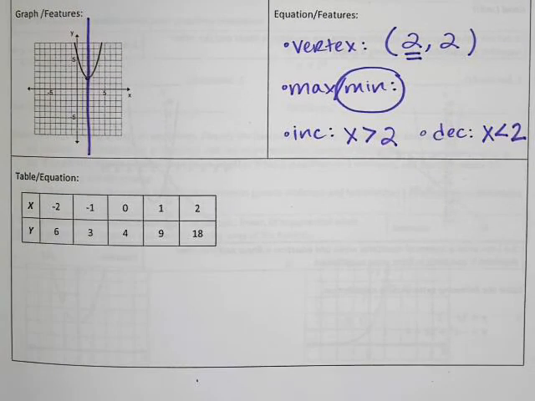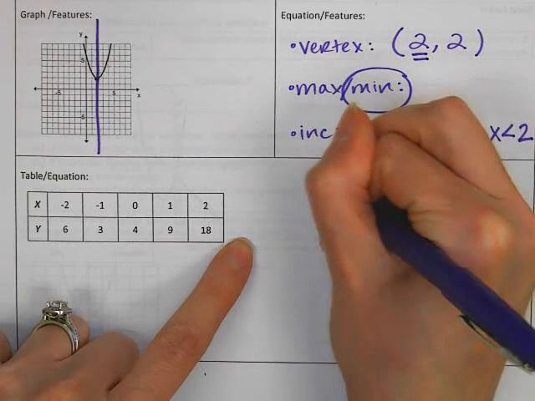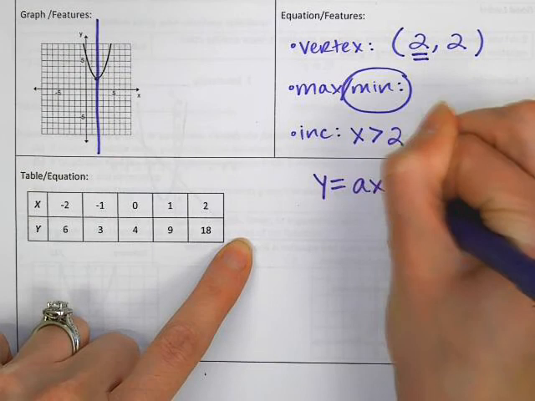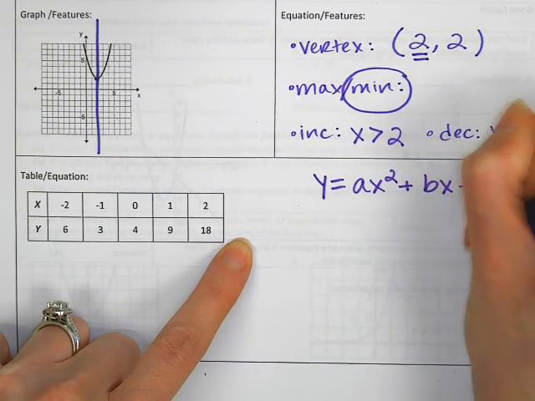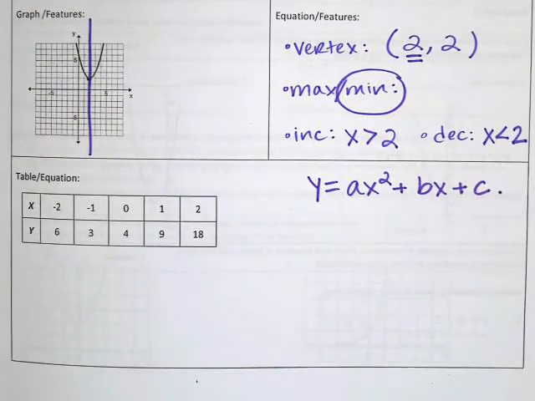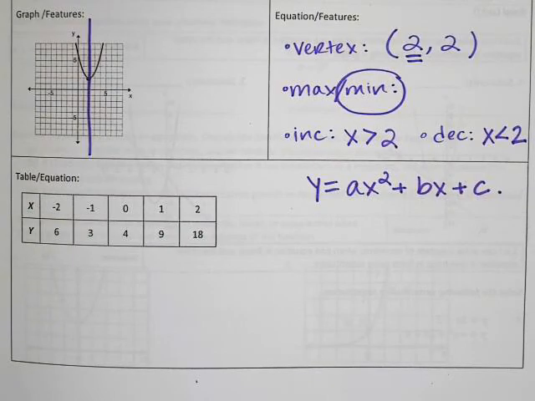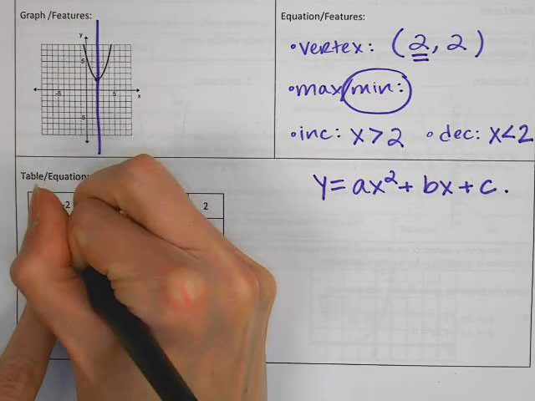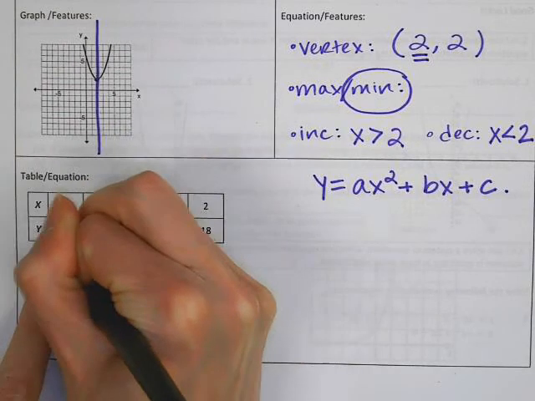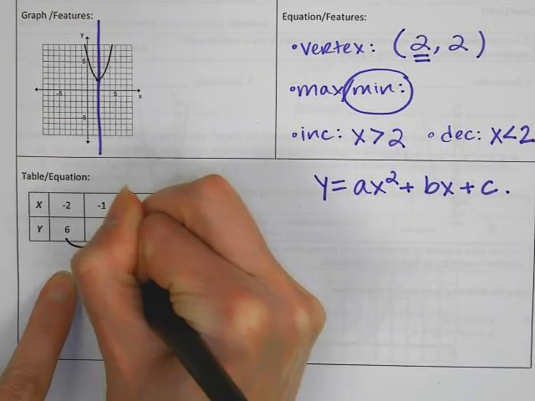And then lastly, how to write the function. Just a reminder, it's y equals ax squared plus bx plus c. Okay, so we have to find the second differences first. So how do we get from y to y? This is minus 3, but this is plus 1.